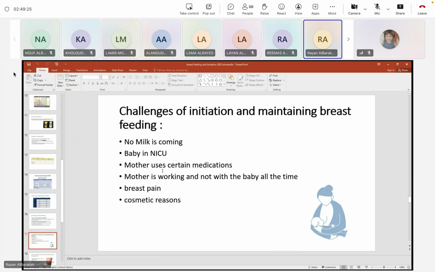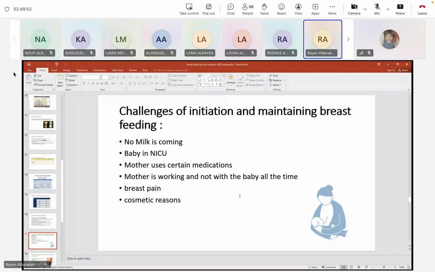It is very important to talk about this, and there are a lot of videos about it. The mother can also use certain medications, but you have to go for the least, and medications that are not secreted in the milk. Regulations have changed in Saudi Arabia, and this is really the Vision 2030 and how it moved systems to support the mother.